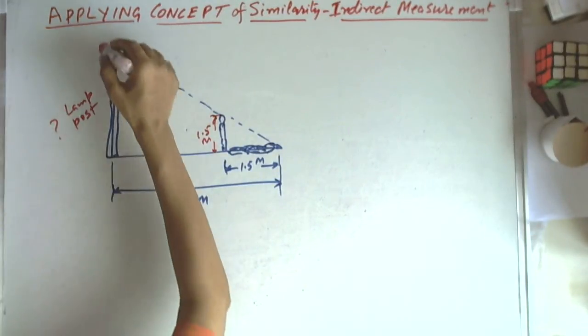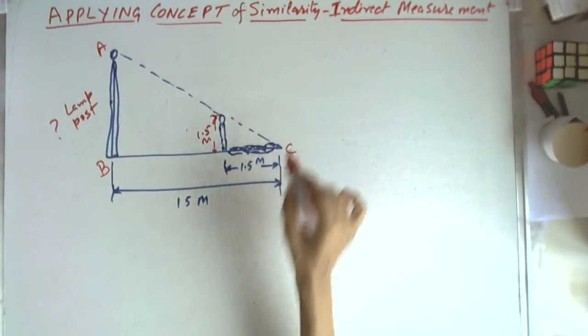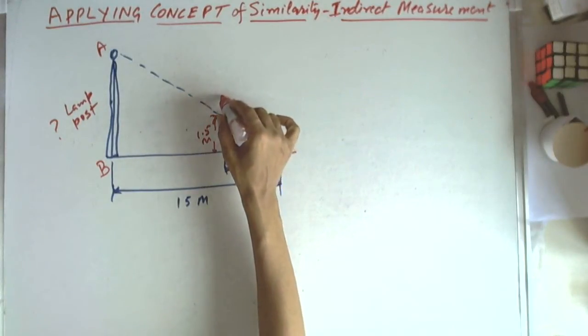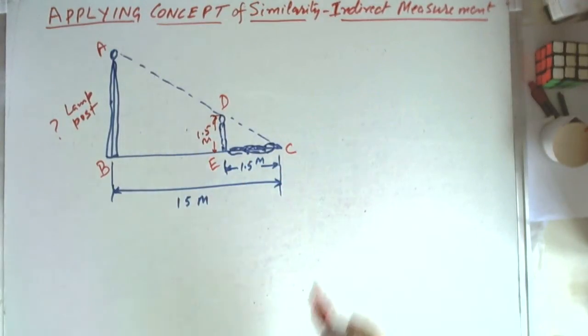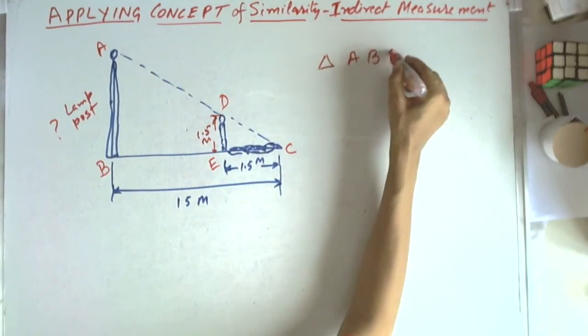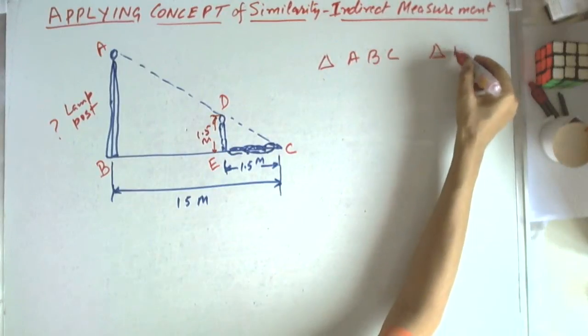So now we know that ABC is forming a triangle and this DEC is also forming another triangle. So we have a triangle ABC and another triangle DEC.